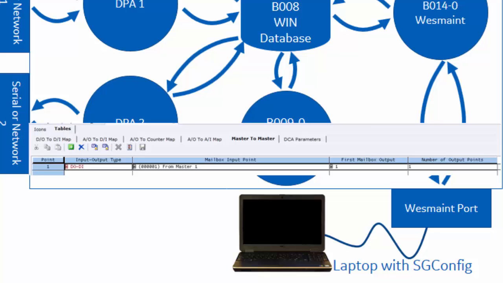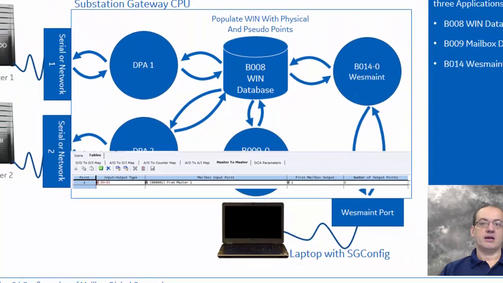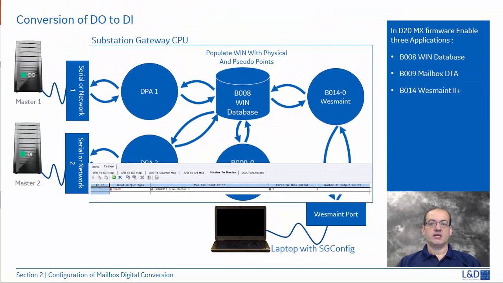So when you drop down the list, you would see only the Mailbox points. And that's why the first step is to configure the points in the WIN database before you can use them in the configuration table.